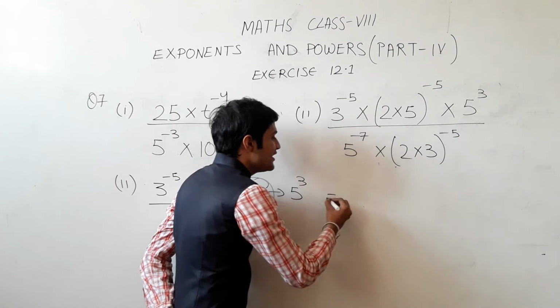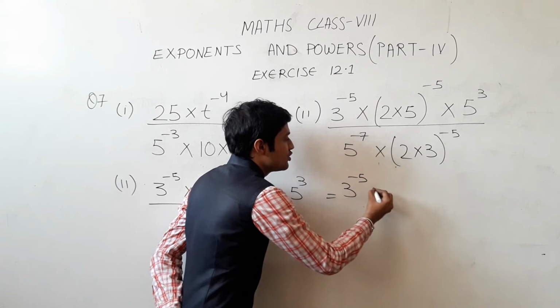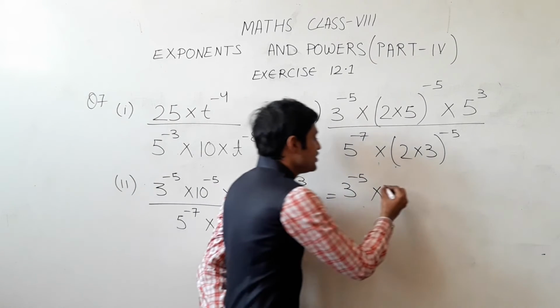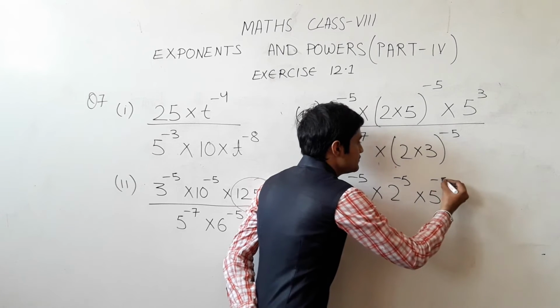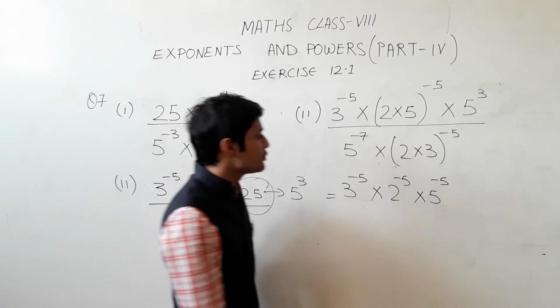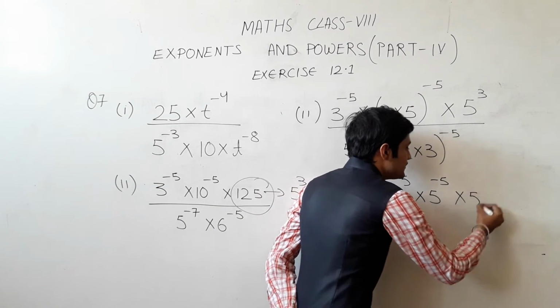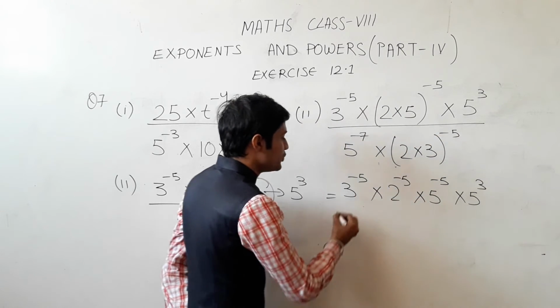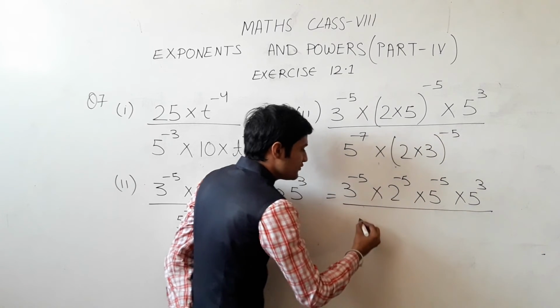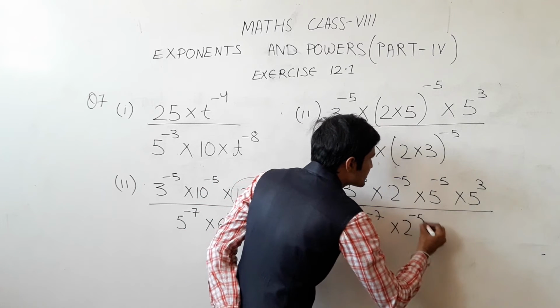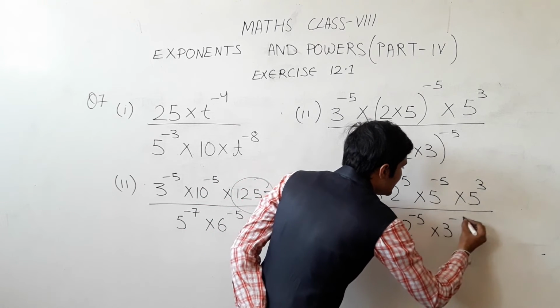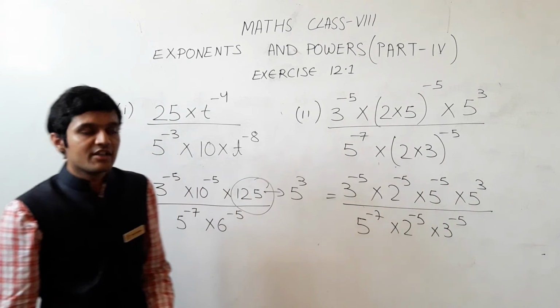Now we can write this as 3 raised to the power minus 5, 2 raised to the power minus 5, 5 raised to the power minus 5 into 5 cube upon 5 raised to the power minus 7 into 2 raised to the power minus 5 and 3 raised to the power minus 5.